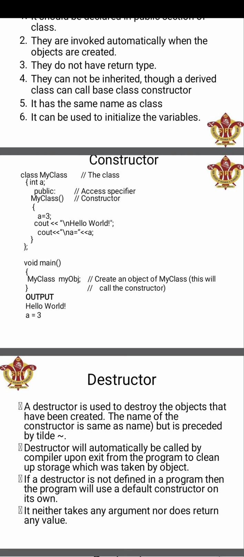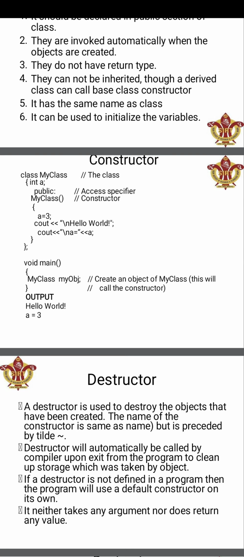Now this integer a will be private by default, because whatever we declare in the class, if we are not specifying any access specifier, and the access specifiers, as we have already discussed in our previous lectures, can be of three types: private, public and protected. So if we are not specifying any access specifier, then by default it will be private in nature. And what is the significance of this? It simply means that the private variables or functions present in the class cannot be accessed outside this class.